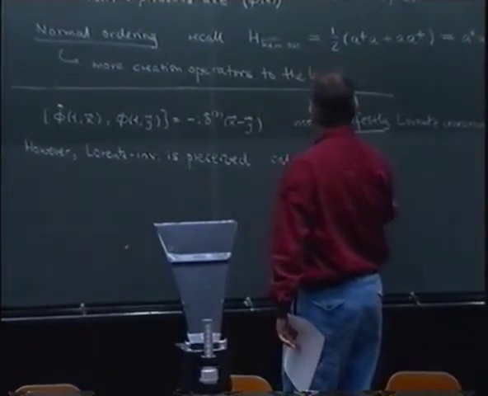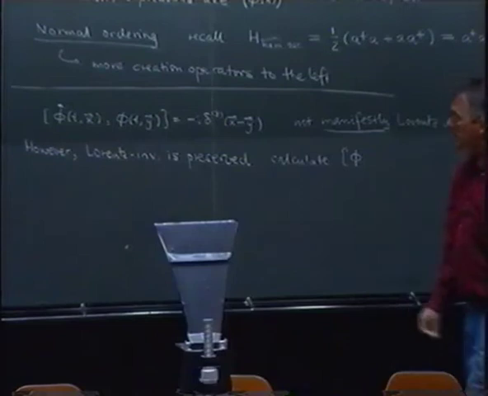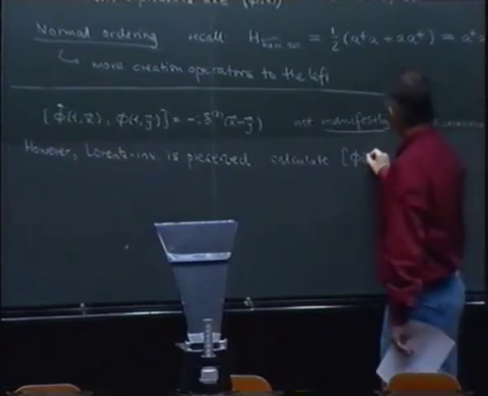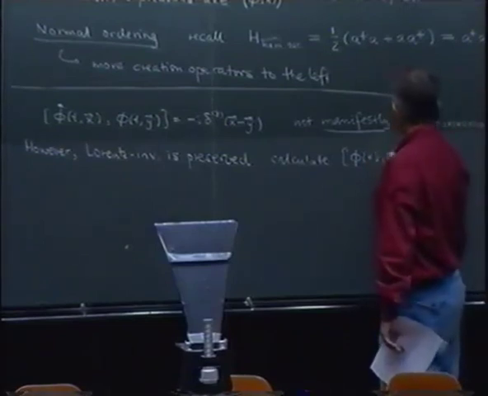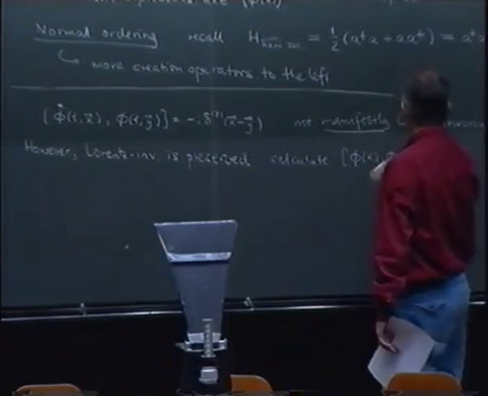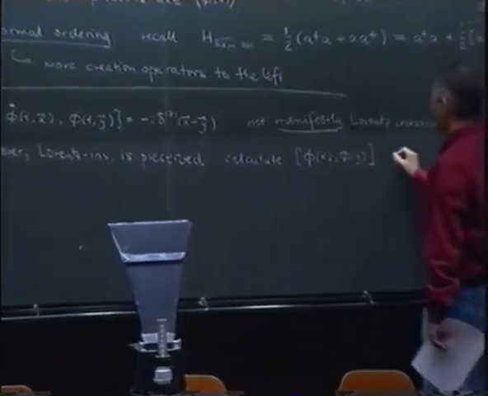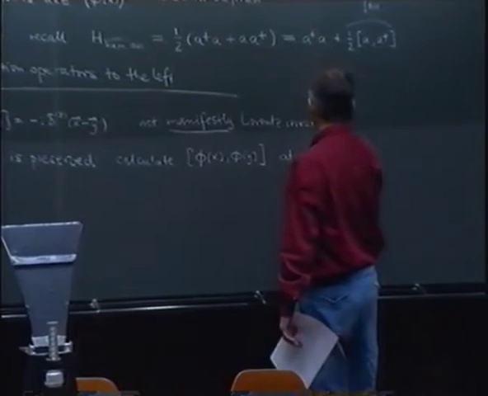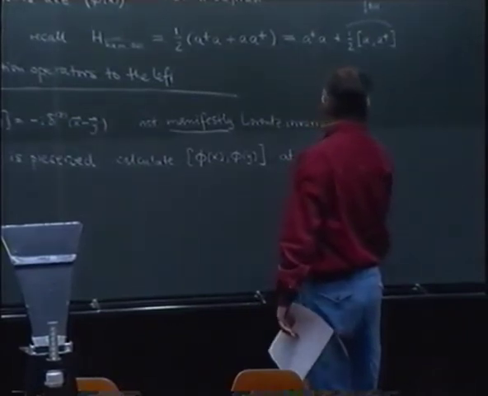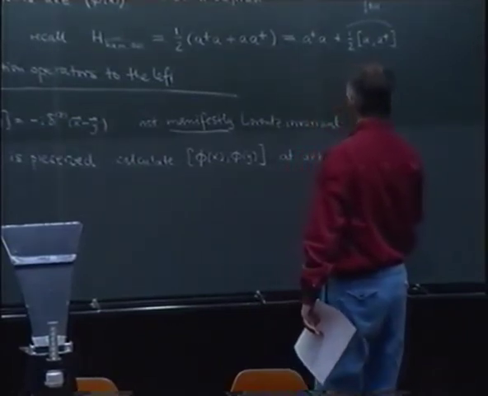And this you do by calculating the commutator at arbitrary time and space coordinates. So the commutator of phi of x with phi of y, at arbitrary x and y.